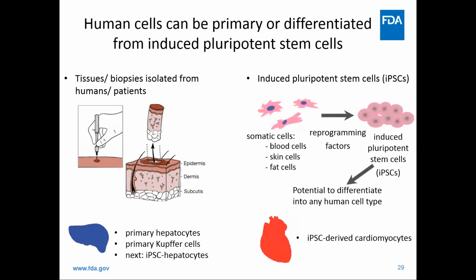As noted for the LiverChip work that we've done so far, we've only used primary hepatocytes and primary human Kupffer cells. The next work that we are planning to do uses iPS hepatocytes. For cardiac applications, we have solely used iPSC-derived cardiomyocytes.